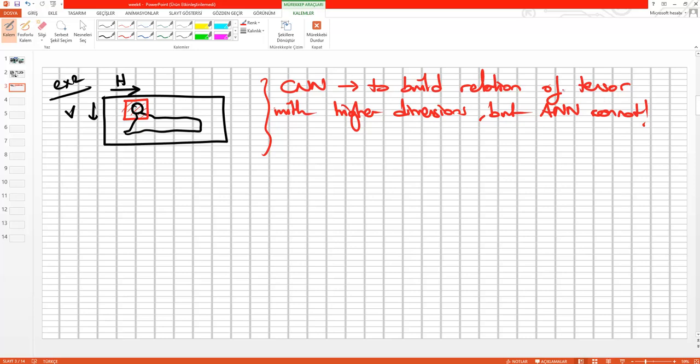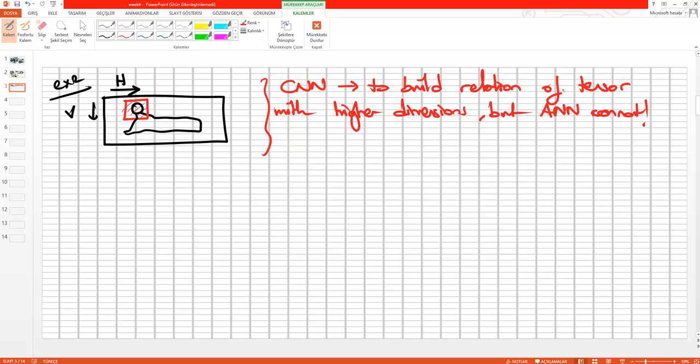What is the tensor? Do you know? Tensor means that if you have any data or any distribution in 3 or 2 dimensions, this is called a tensor. And if you have 5 dimensions or a 5-matrix form, this is also called a tensor.